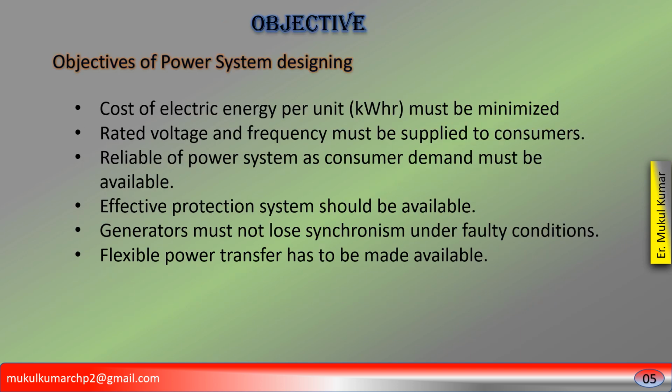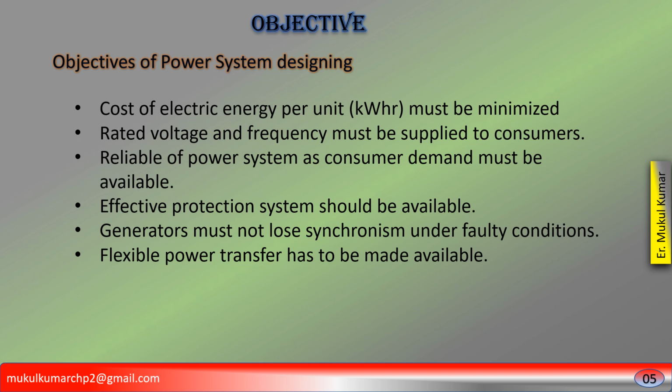And objectives of power system designing. First, the cost of electric energy per unit kilowatt hour must be minimized. Rated voltage and frequency must be supplied to consumers. Third is reliability of the power system, as consumer demand must be available.